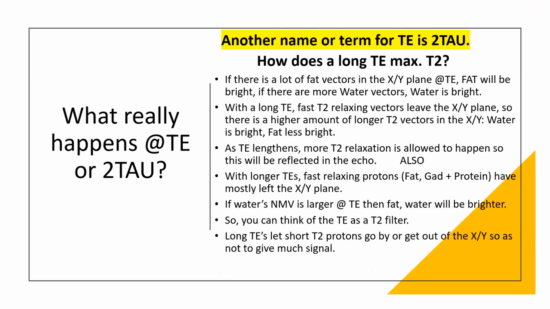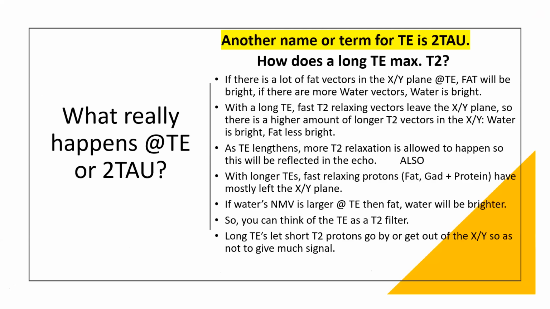Okay, here's another example of where they might try to trip you up and use a different name for the same thing. How many of you guys knew that another name for TE is 2 tau? You don't have to raise your hand, that's fine. But that's an older name for it, 2 tau. The time from the 90 to the 180 is 1 tau.